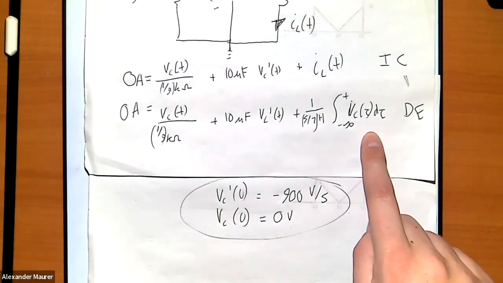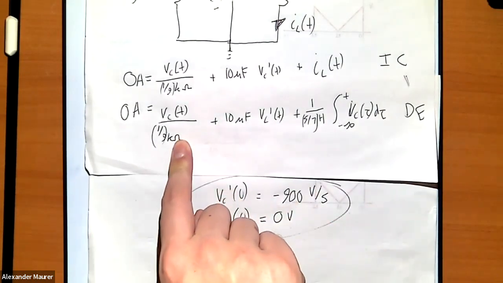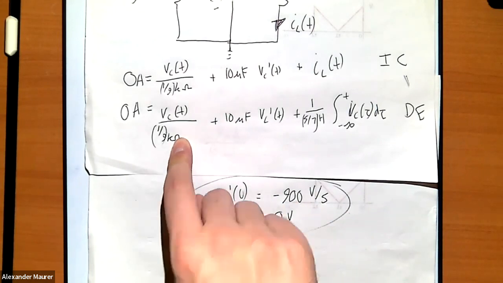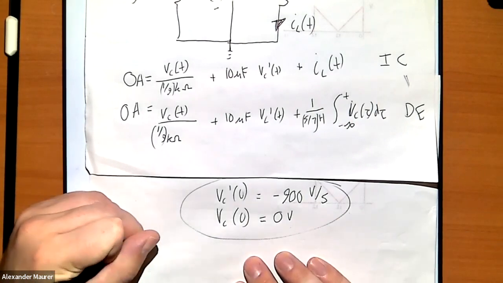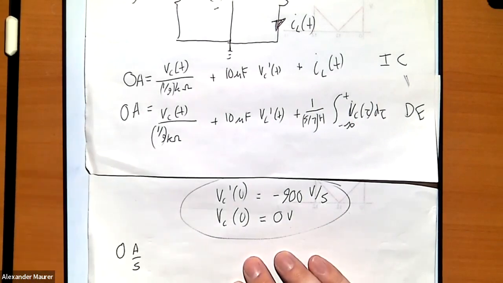So I'm going to take the derivative of this equation here. And so we're going to get 0 amperes per second, time derivative, started with amperes.